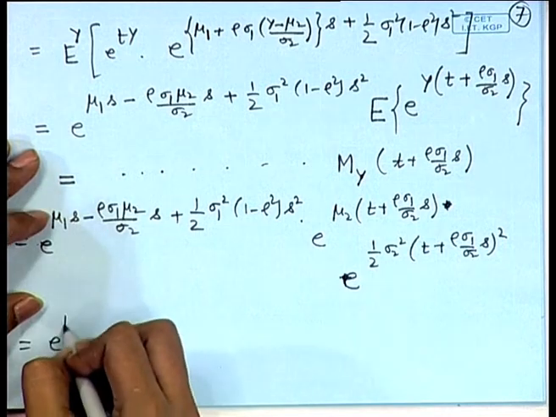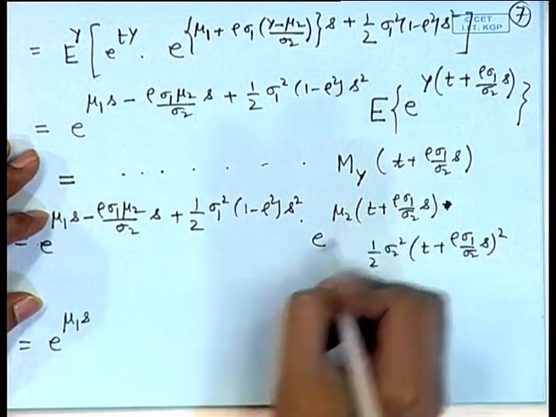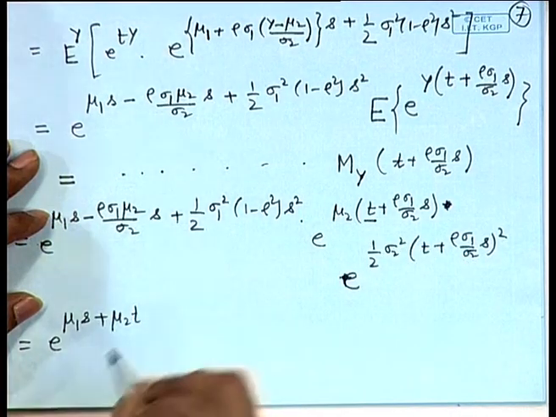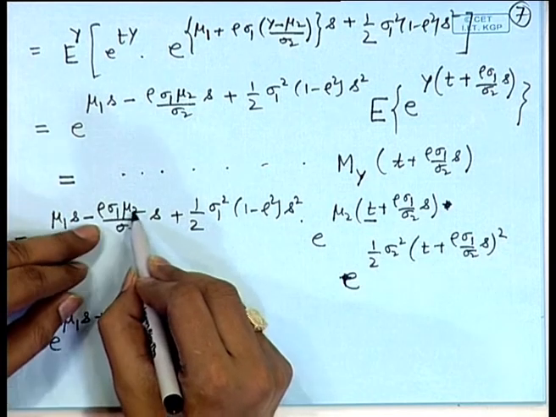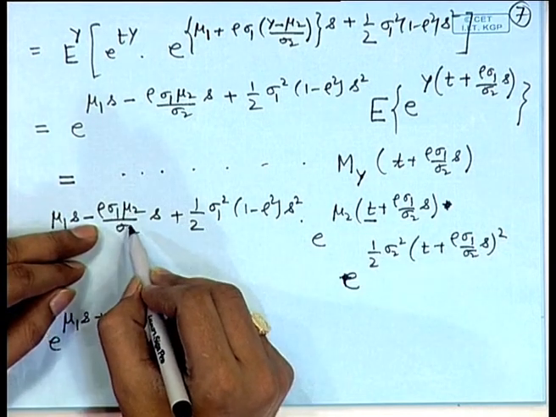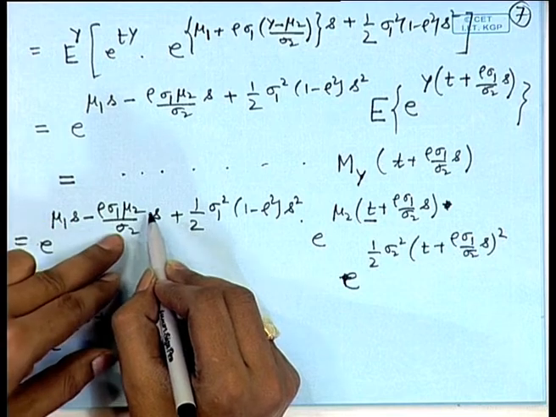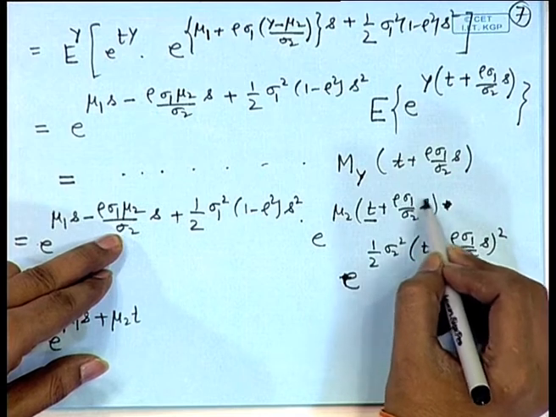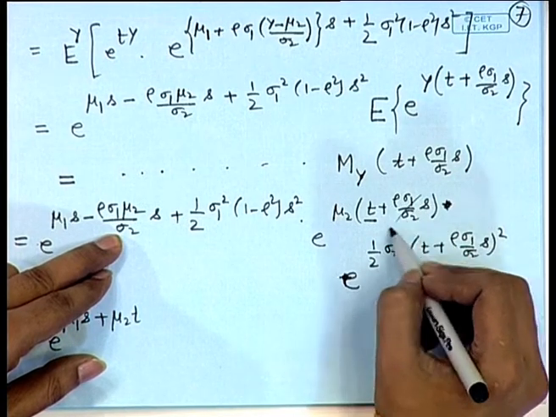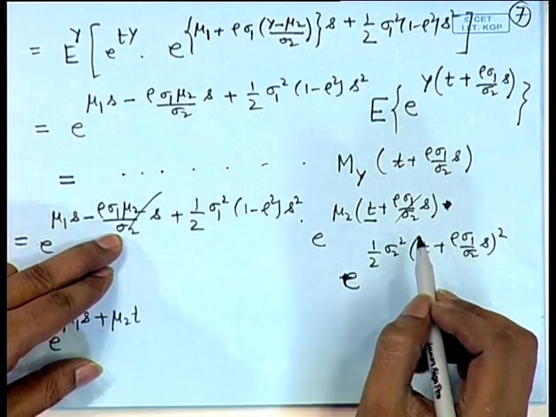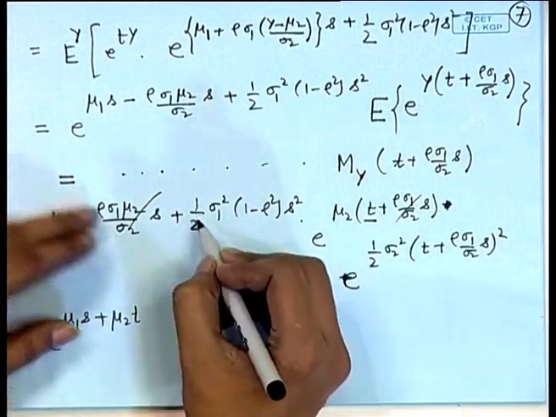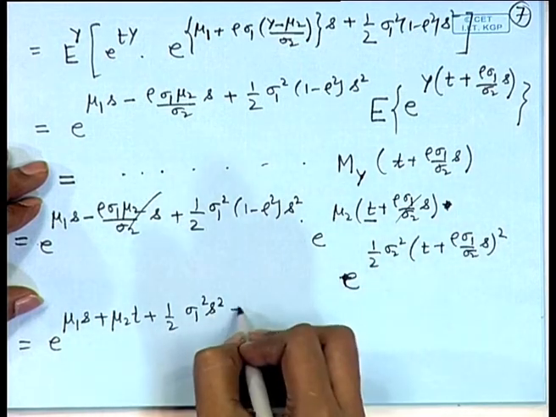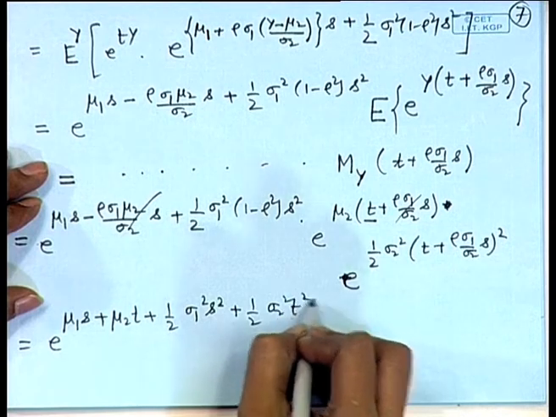So, we have e to the power mu 1 s plus mu 2 t, that is this term. Now, we note here the term minus rho sigma 1 by sigma 2 mu 2 s. This term is coming here also with a plus sign, plus rho sigma 1 by sigma 2 mu 2 s. So, this term gets cancelled with this term. Then we have half sigma 1 square s square and half sigma 2 square t square.